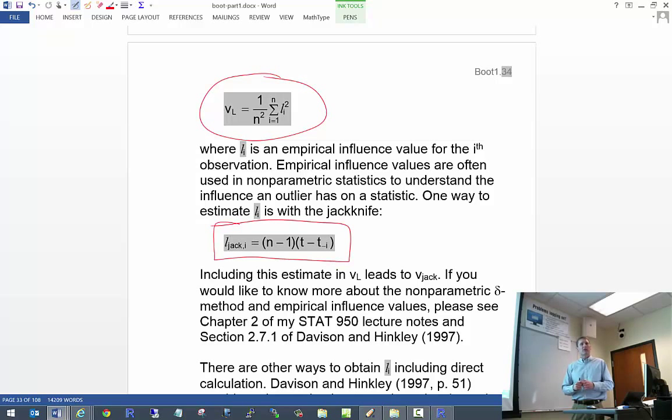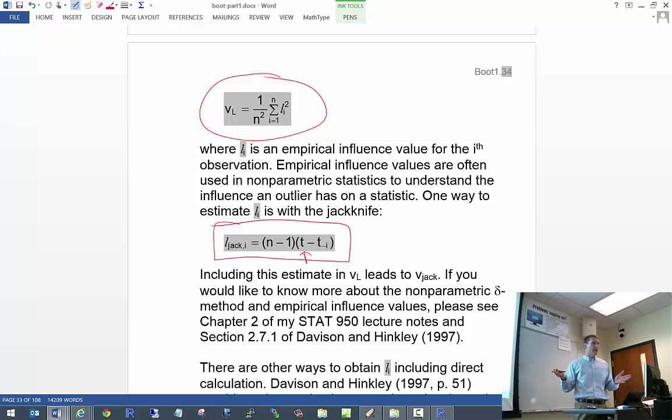Now let's appeal to some intuition for why this would be a measure of influence. T with the subscript minus i says, let's remove that ith observation from the data set and calculate my statistic of interest T. If I compare it to what T is with all the observations in my data set, it makes sense that if a statistic can be influenced a lot by outliers, the absolute value of T minus T sub negative i is going to be large, right?